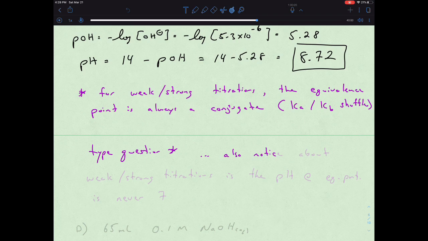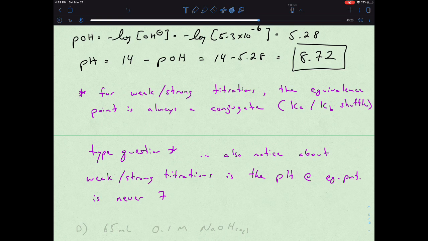Also, something to notice about weak, strong titrations is the pH at the equivalence point is never 7.